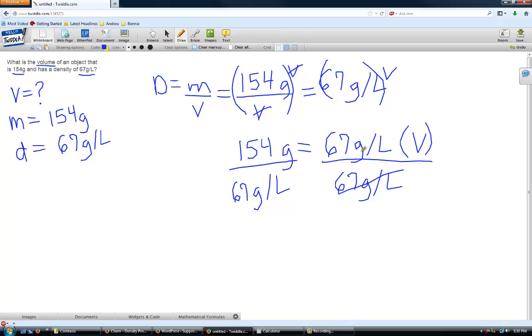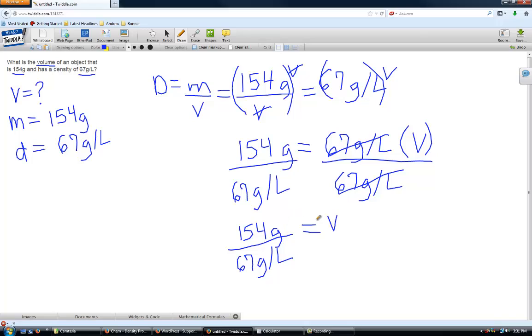So the 67 grams per liter crosses out on the right side of the equation. And if I rewrite this, it's going to be 154 grams per 67 grams per liter equals volume.